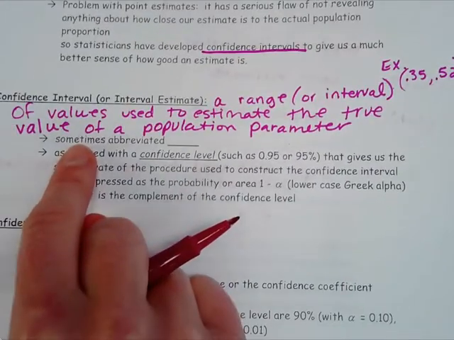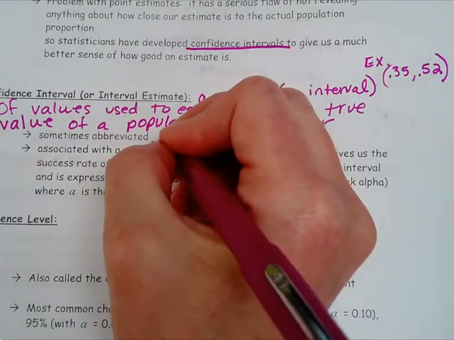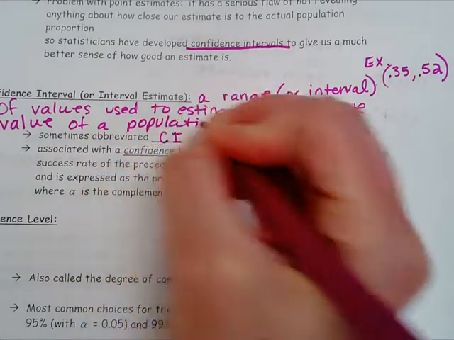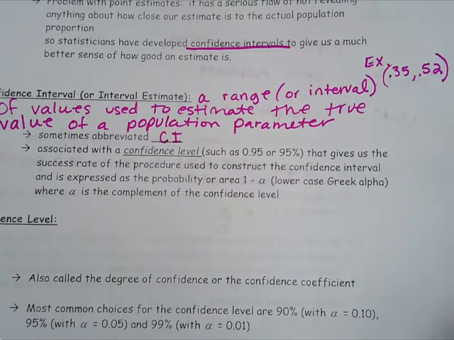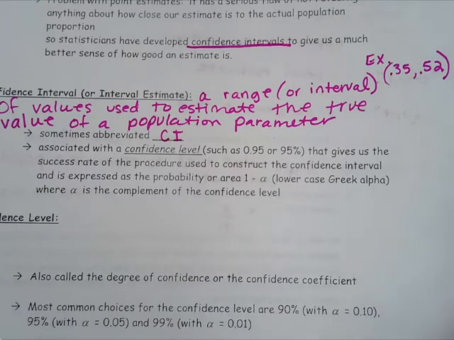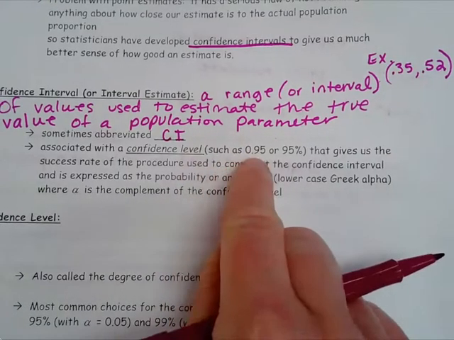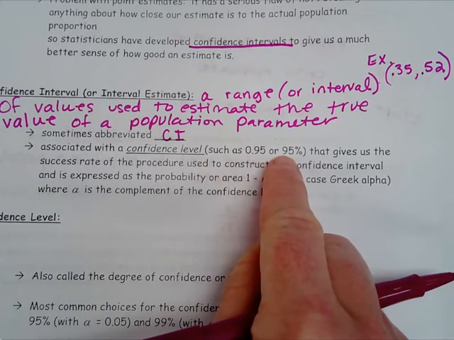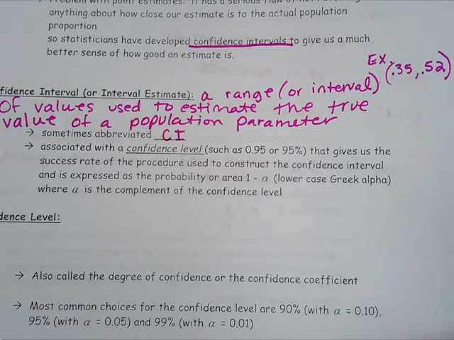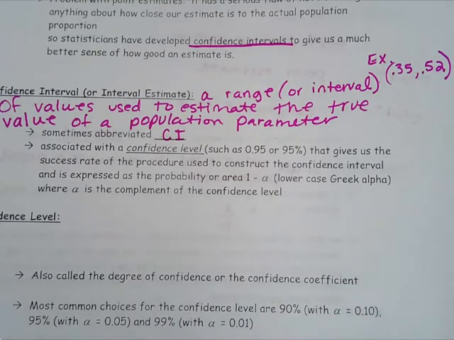We're going to abbreviate confidence interval with just CI. In order to do your confidence interval, you need to decide what kind of confidence level you want to use. 0.95 or 95% is the most common. You could do 0.8, 0.75, 75%. That's how confident you would be.